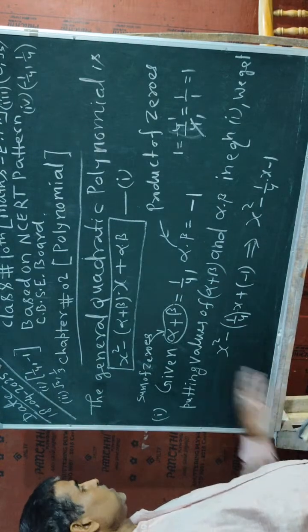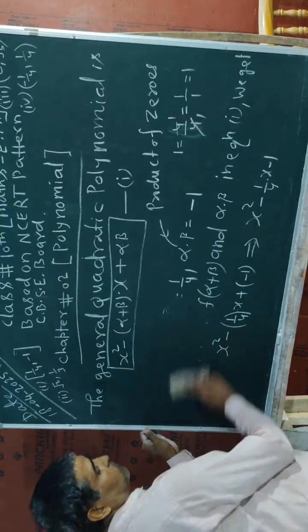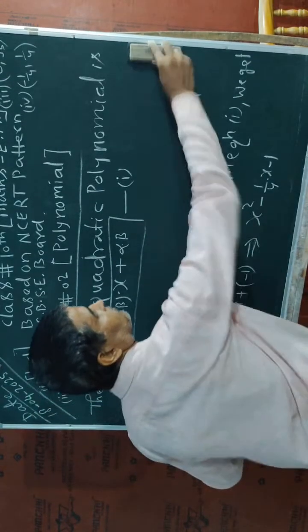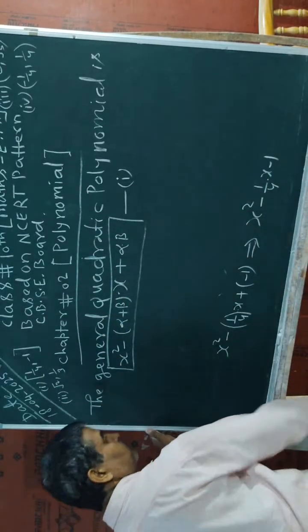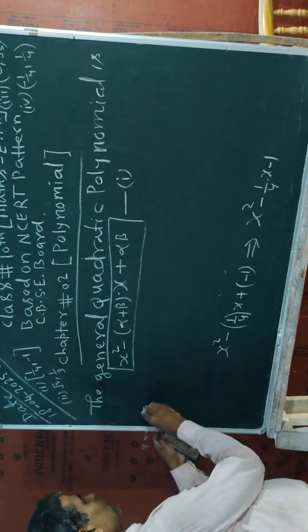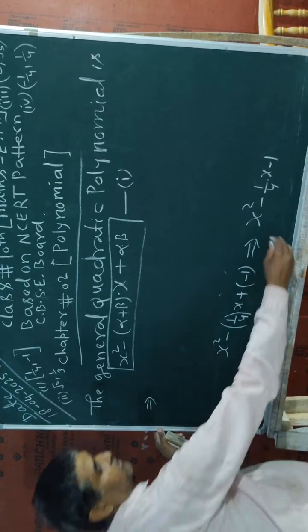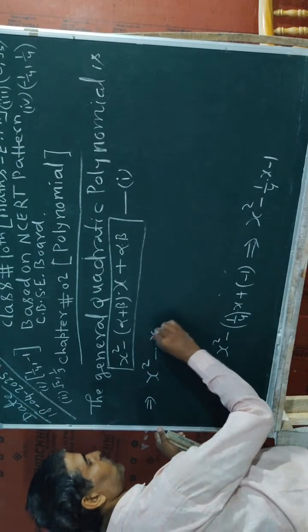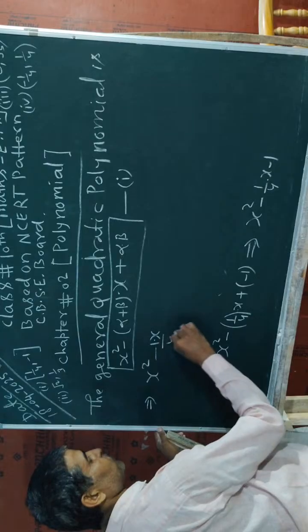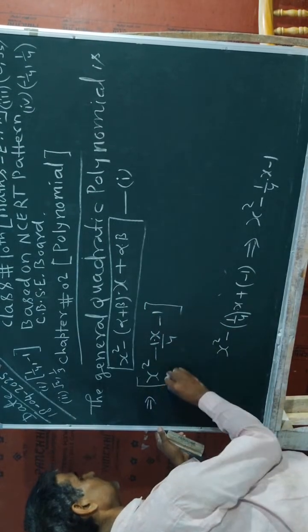Okay students, so further I am going to resolve it. Now here I am going to write 1 divided by 4 minus 1. So I can write this like this.